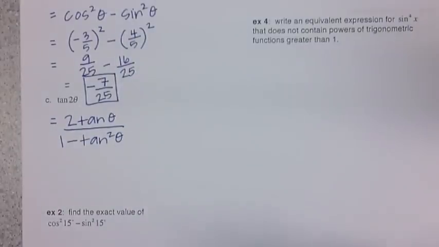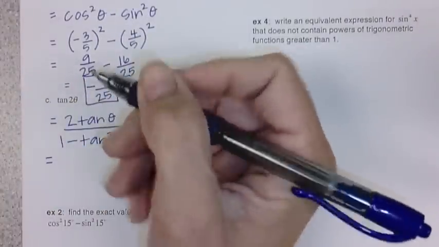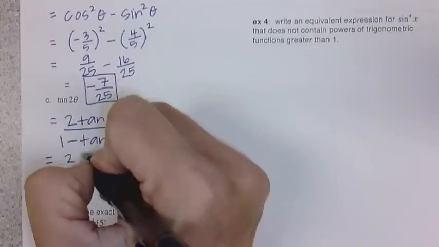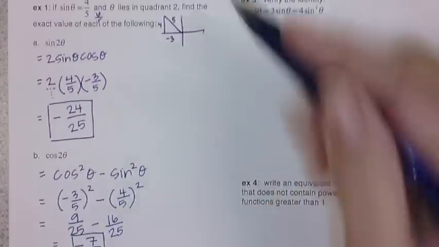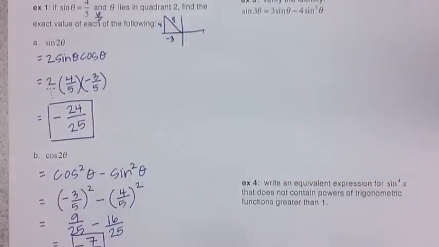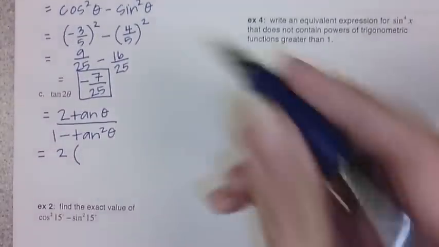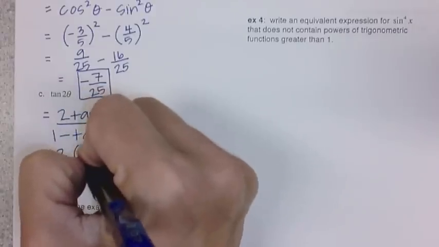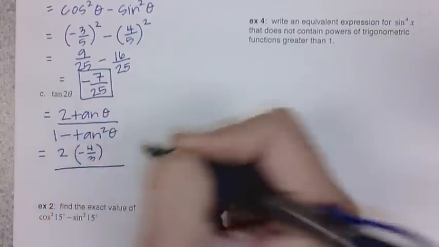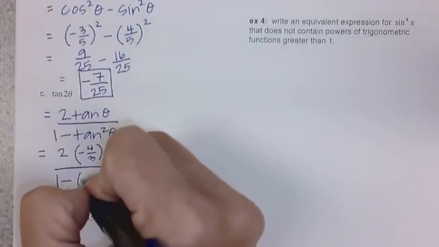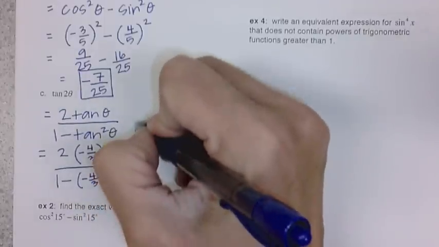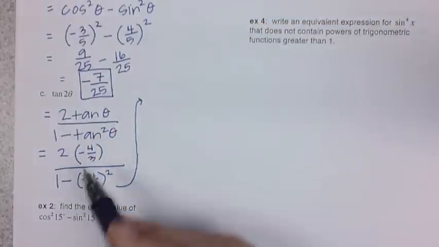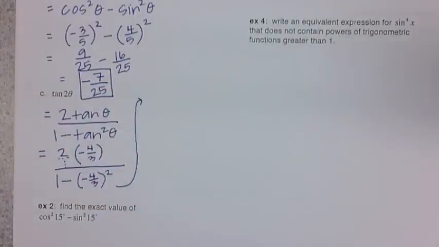This one's going to require a little bit of math because we're going to have fractions within fractions, but it's nothing we haven't seen before. 2 over, so tangent, looking at our triangle, tangent is y/x, so it's going to be -4/3. So -8/3 in the numerator, with 2 times -4/3. Follow order of operations when you're doing this. You can take care of the numerator, so it would be -8/3.